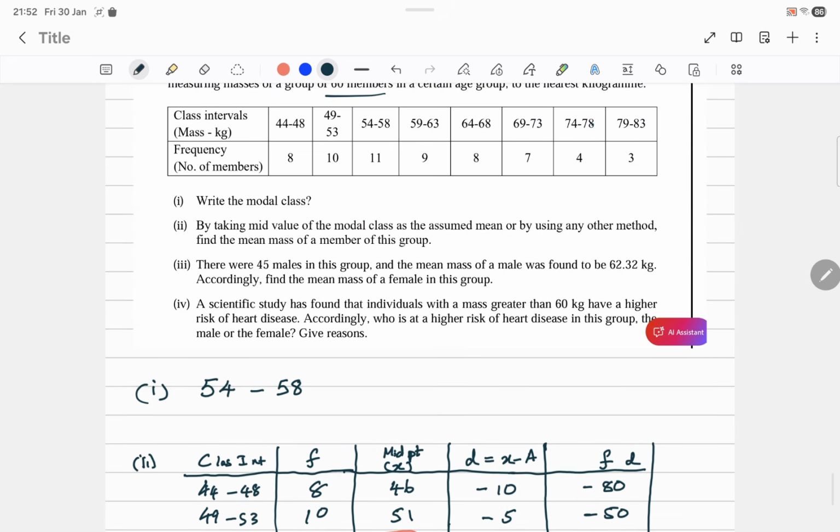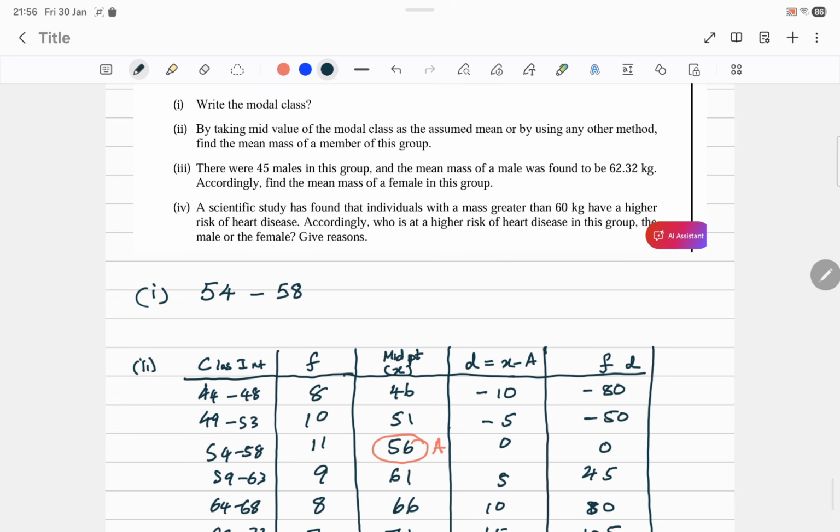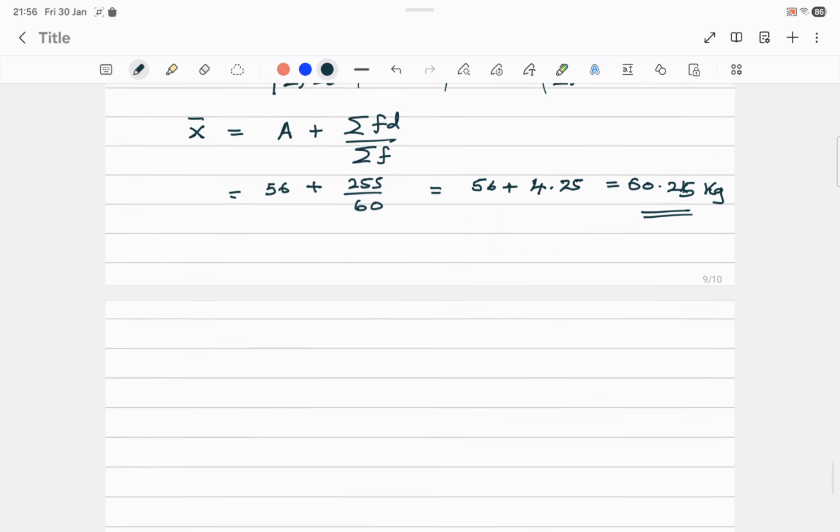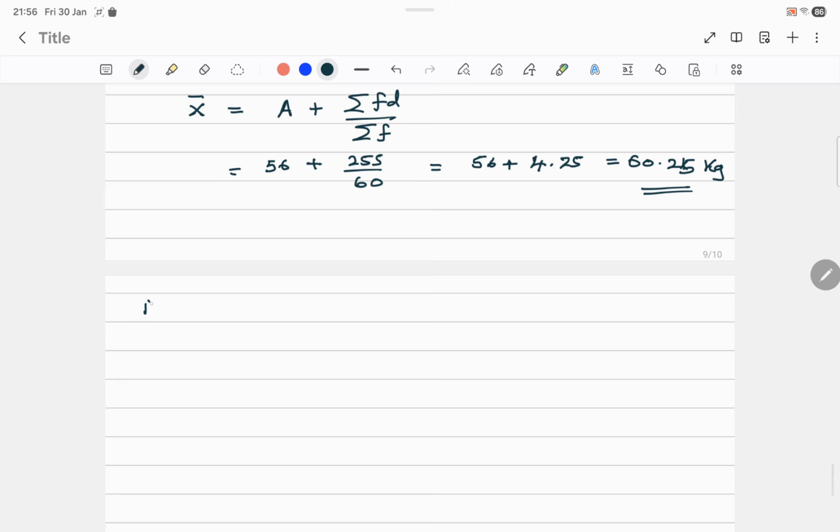Right, then let's do part 3 next. In part 3 they say there were 45 males in this group, so that means 15 females.